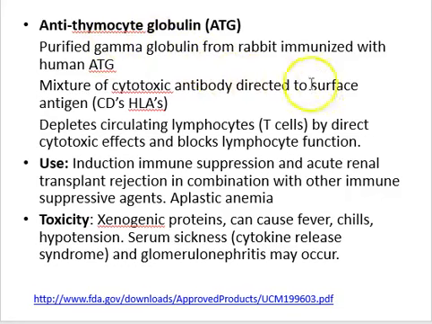And so what it does is it basically annihilates the T cell population, and we can use it to induce immunosuppression. And so these are the patients that have, like, aplastic anemia, but also patients that are going to undergo transplant. So what we need to do is basically annihilate the whole T cell compartment. Okay, and of course this comes with some toxicities, which are listed here. So this is a more global kind of pan T cell suppression.